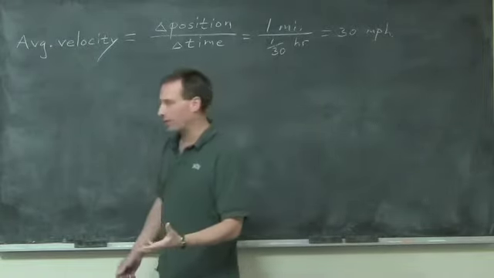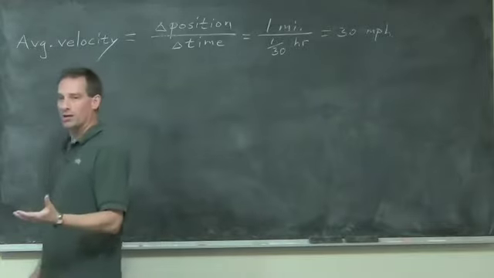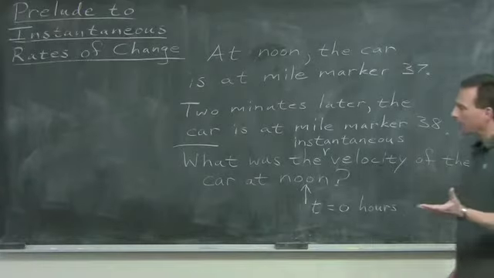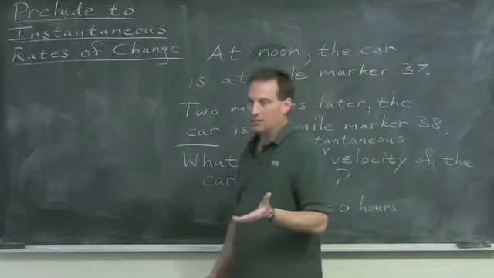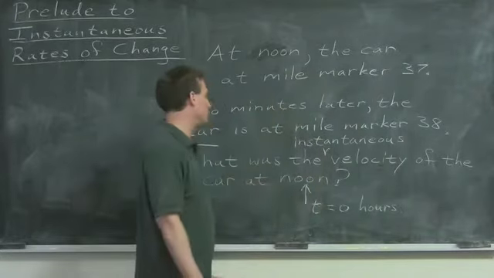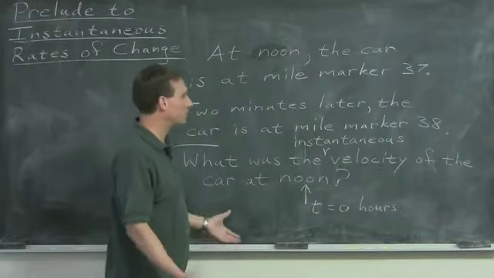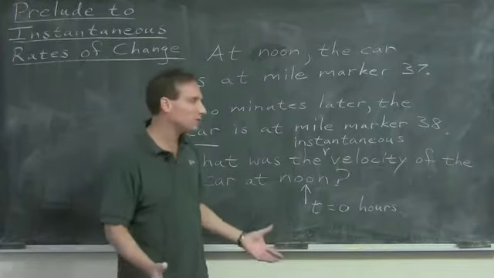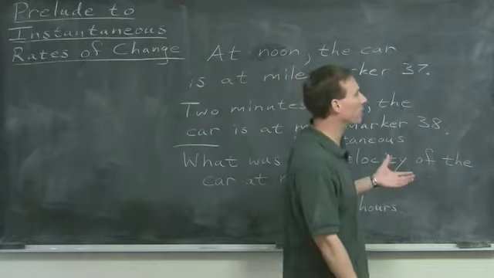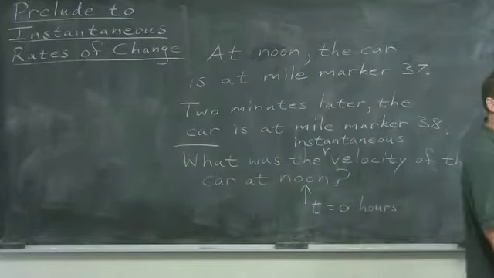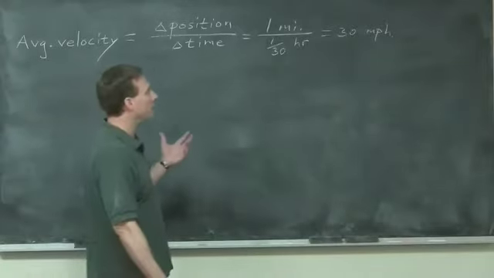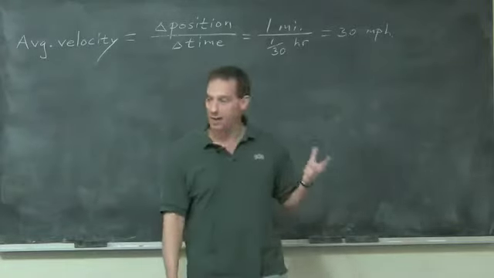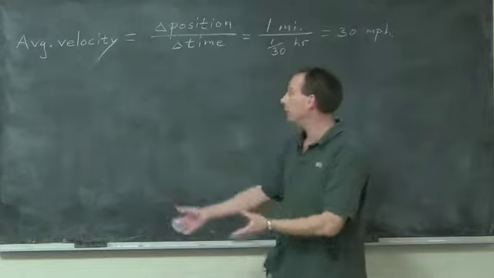But how does someone outside the car know the velocity or approximate the velocity? It's clearly this calculation that the average velocity is 30 miles an hour is almost useless. How would you get a better approximation to the actual velocity of the car at time 0, so at noon?